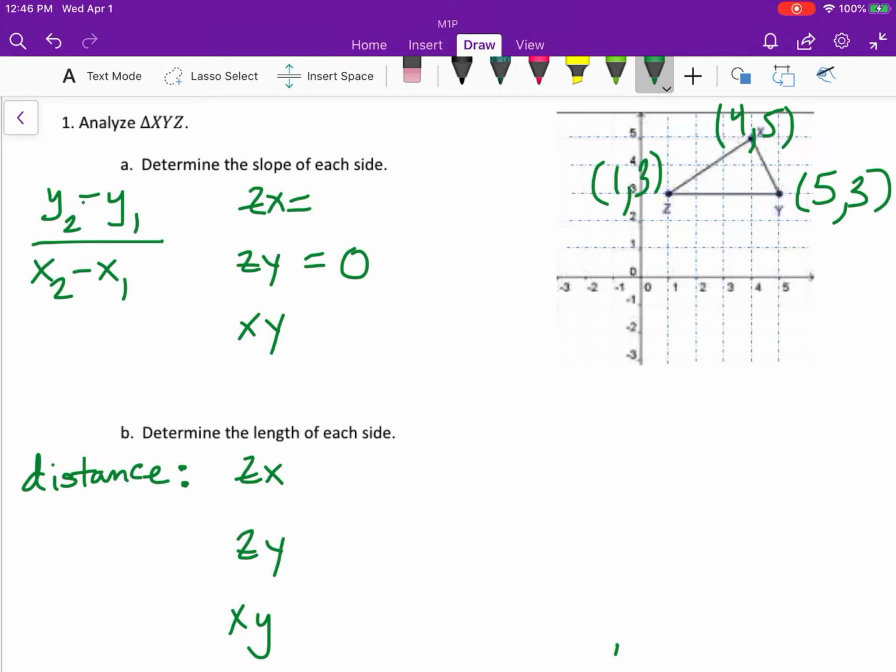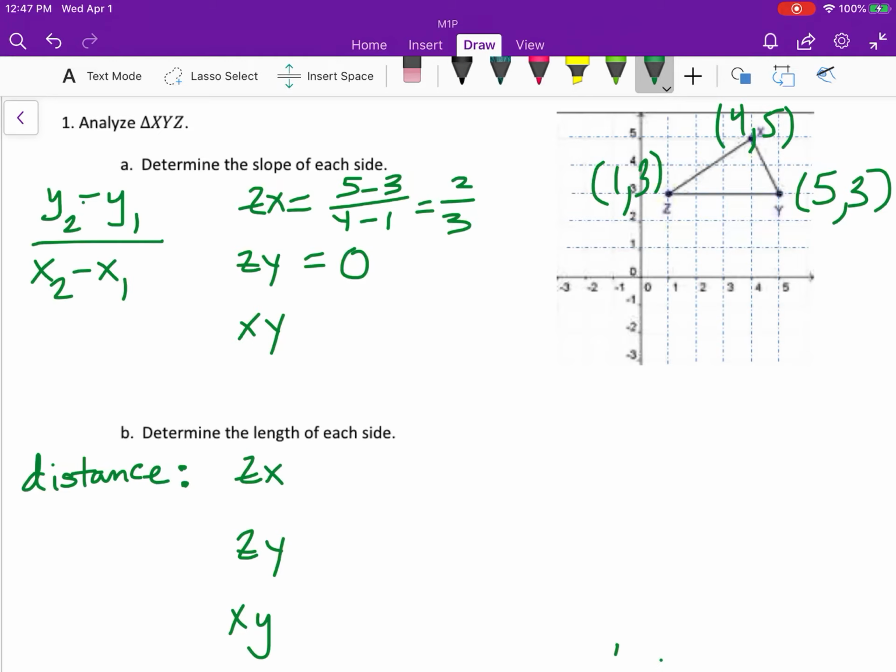Okay, so if you're looking at ZX, I'm going to do y2 minus y1 over x2 minus x1. 5 minus 3 is 2, 4 minus 1 is 3, so the slope is 2/3.